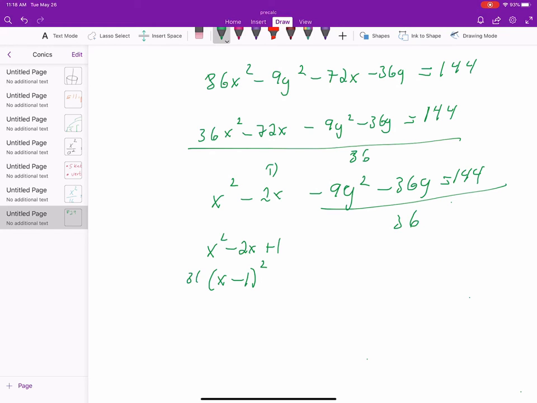So this 36 is going to go out in front. Minus 9y squared minus 36y equals 144. But remember, we had to add 1 to that, so when we multiply that by 36, we're technically adding 36.